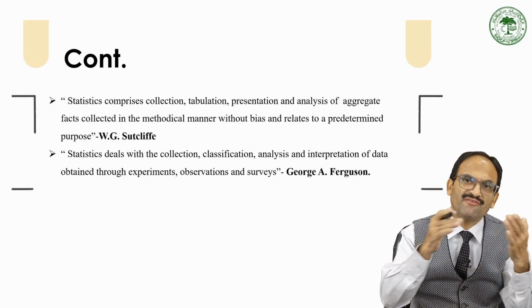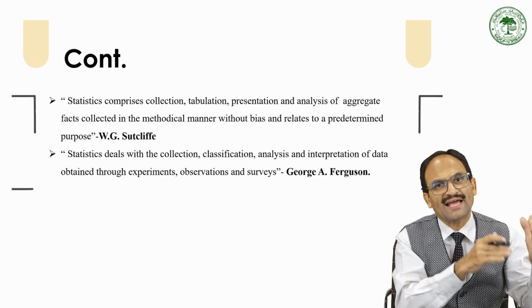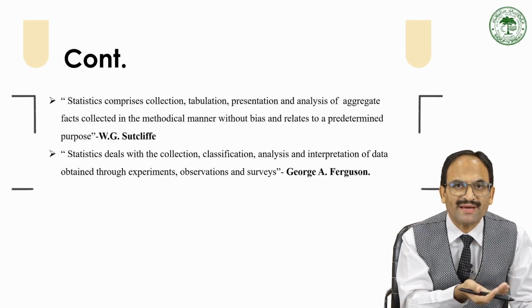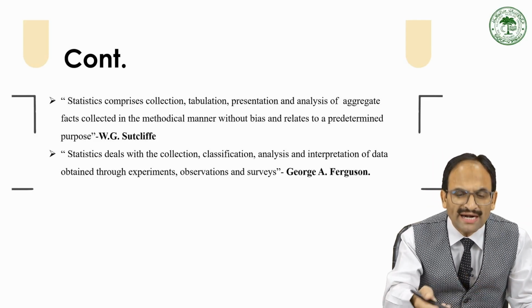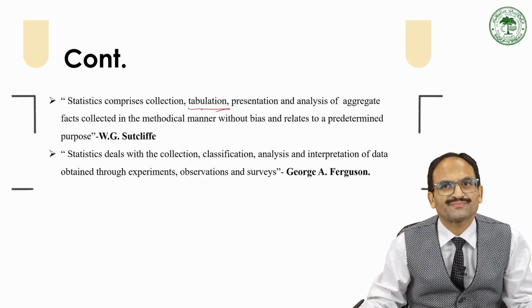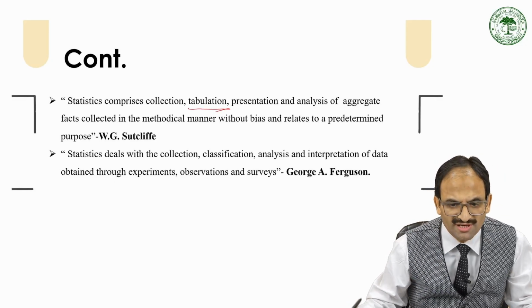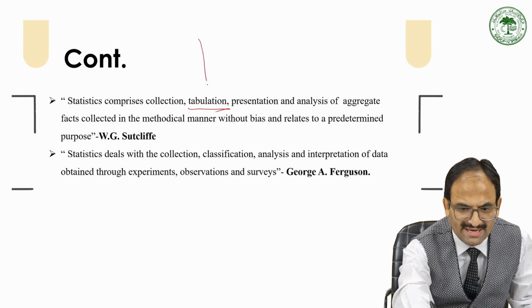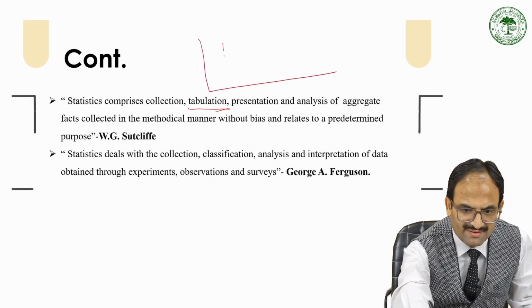So, collection of data I have explained earlier in the definition given by Kendall. There is one term here, that is tabulation. So, what is tabulation? I am just making a figure here.